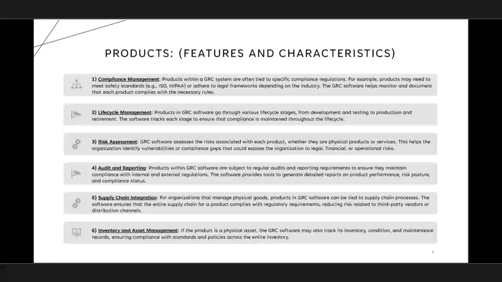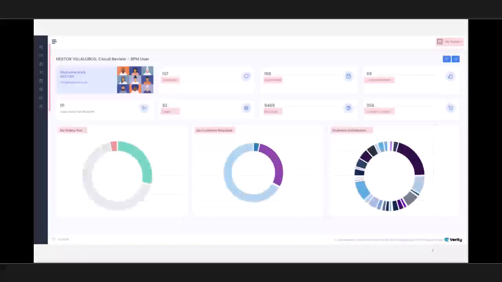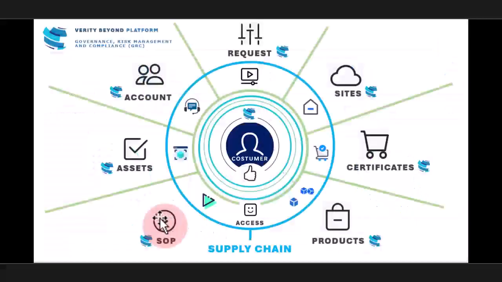We are moving now into our sixth icon section in our VerityBeyond software, which is one of the main areas, which is the SOP, the standard operation procedures, right here represented by a play button icon. And in this chart you can also see the relationship with other icons within the pages inside the software.